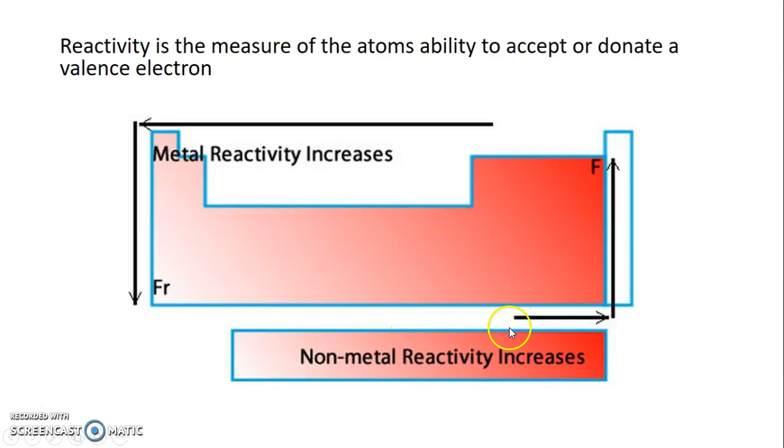On the other hand, non-metal reactivity increases as you go this way. So for these ones, because they're more likely to take on an electron, non-metals become negative ions, so they're more likely to become a negative ion as the electronegativity increases. So for reactivity, just the metals increases this way, just the non-metals increases that way.